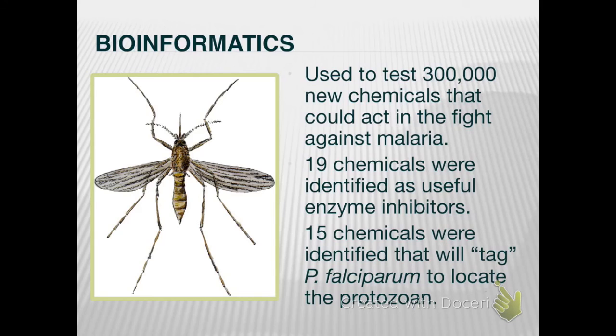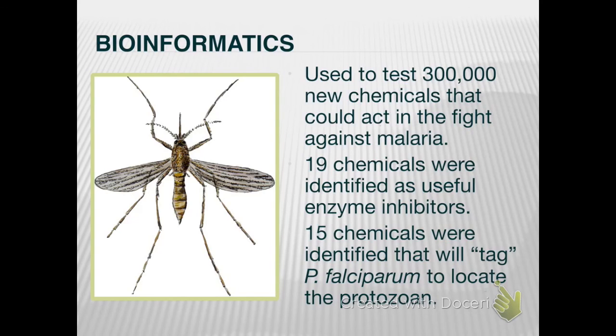substrates, etc. So one example of this being used is to treat malaria cases that are resistant to anti-malarial drugs. So remember, malaria is a disease that's caused by a pathogen, a plasmodium, that requires both a mosquito and human host to complete its life cycle. And bioinformatics has been used to test and catalog over 300,000 chemicals that were screened on a drug-resistant strain of this plasmodium.